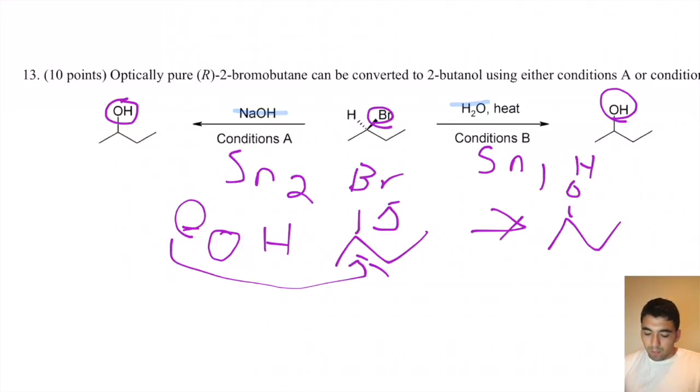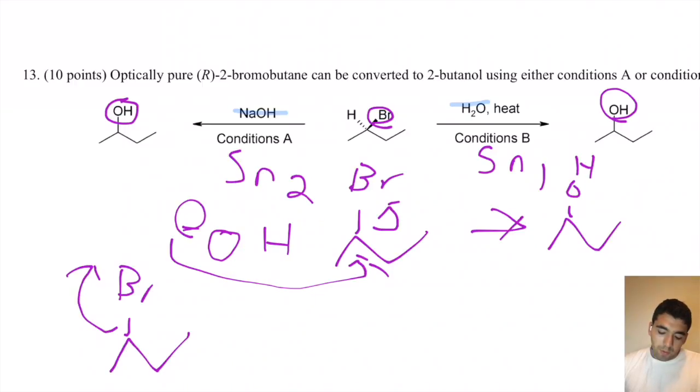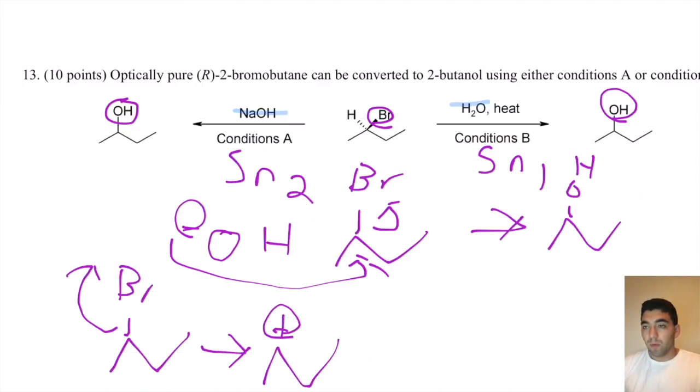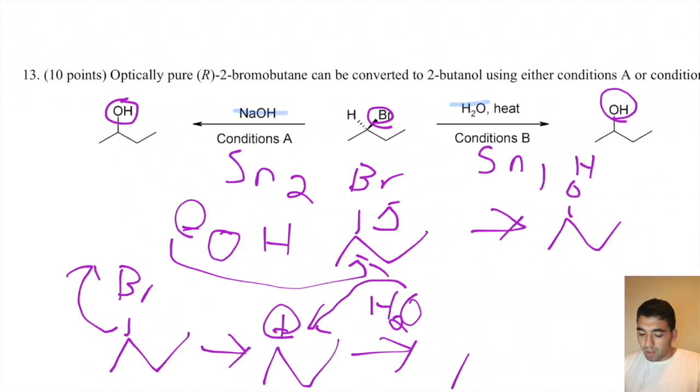And if we did it with our water, we actually have to do an SN1. In SN1s, the bromine must leave first. So the leaving group leaves. You have this intermediate that can do other stuff too, hydride and methyl shift, sorry. And then finally water decides to come around and take that positive charge.